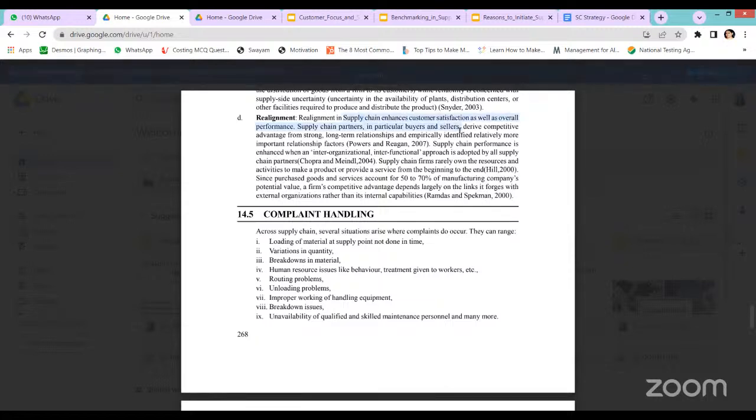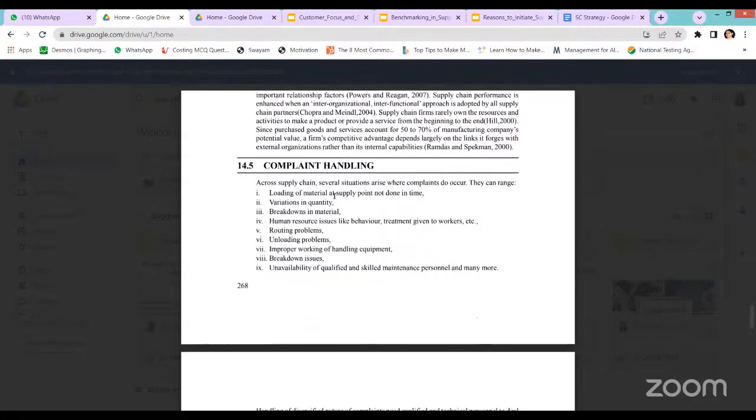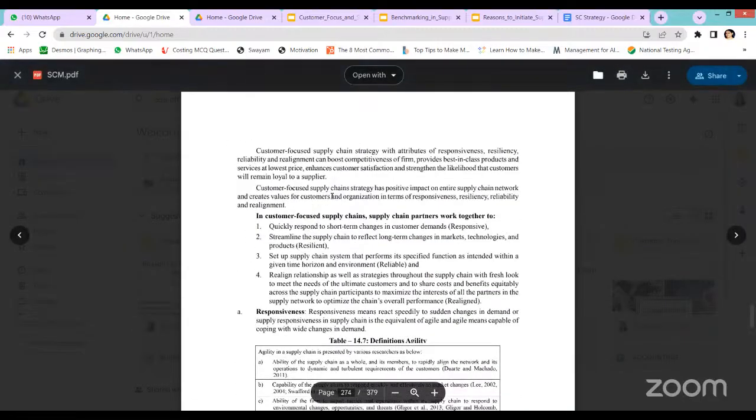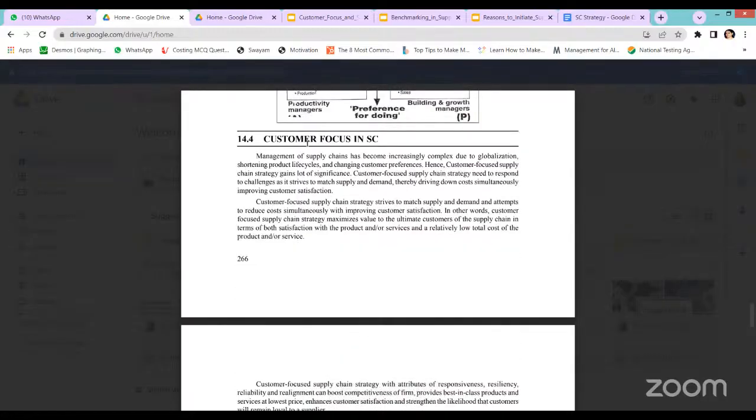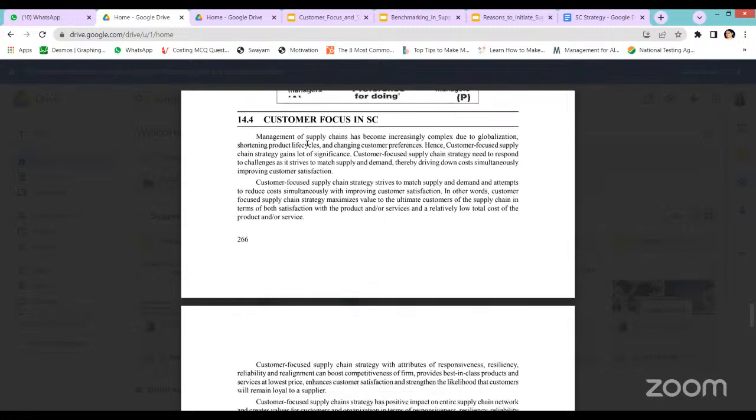So supply chain partners, in particular buyers and sellers, derive competitive advantage from strong long-term relationships and empirically identify relatively more important relationship factors. These are the points you are supposed to write. Once again, what is a customer focused supply chain?